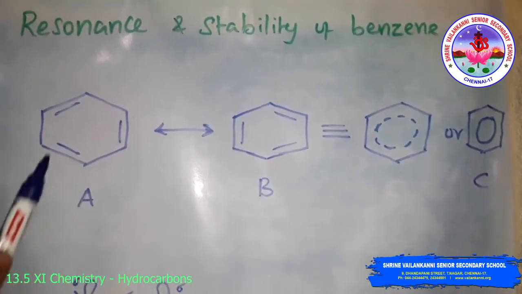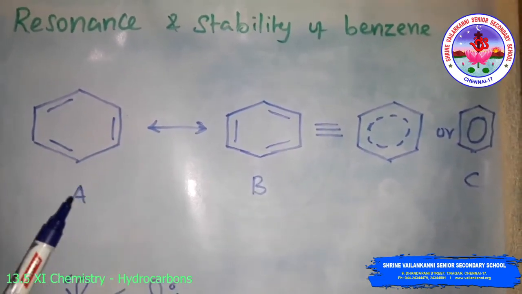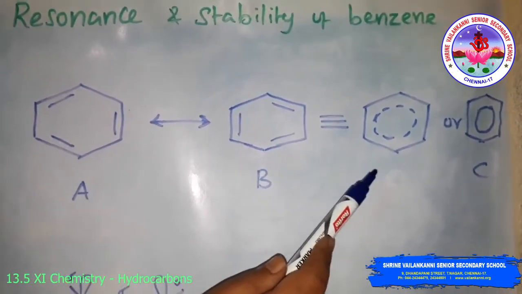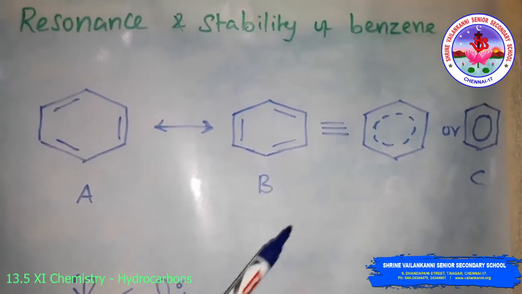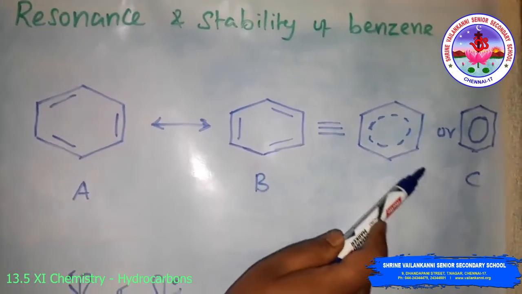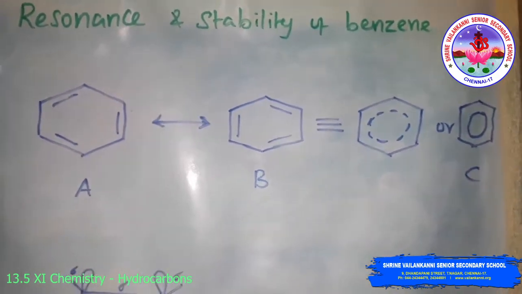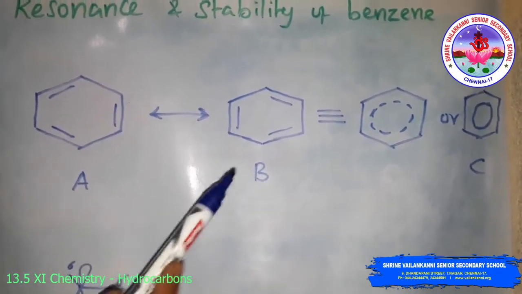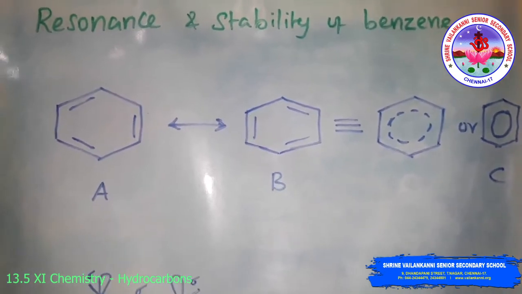So the main contributing structures, and the hybrid structure is represented by inserting a circle or dotted circle like this. The dotted circle in the hexagon is also called the benzene structure. The circle represents the 6 electrons which are delocalized between the 6 carbon atoms in the benzene ring.